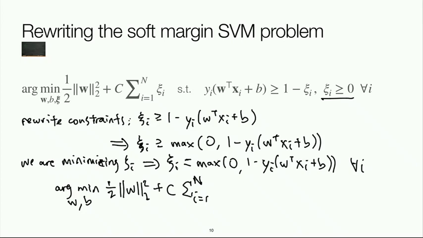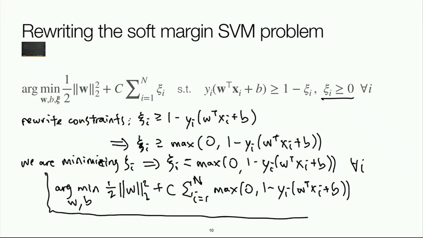Okay, so swap xi with this expression, max of 0, 1 minus y_i (w transpose x_i plus b). And then this thing becomes my new unconstrained optimization problem, which is the same as the original soft margin SVM constrained optimization problem that we have at the top of this slide.